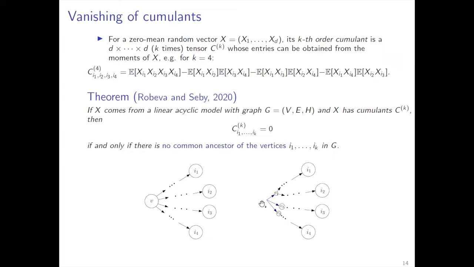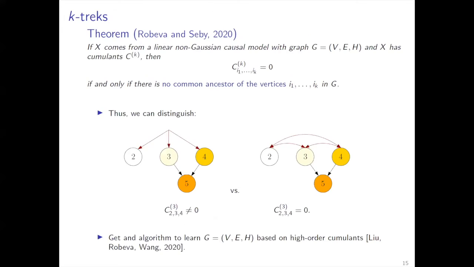These are the cases where they do have a common ancestor, either a vertex or maybe a hidden variable. But if none exists, then this entry is 0. In particular, this allows us to tell these cases apart: here, 2, 3, and 4 do not have a common ancestor, so the cumulant will be 0, but in this case they do, so it's not 0.